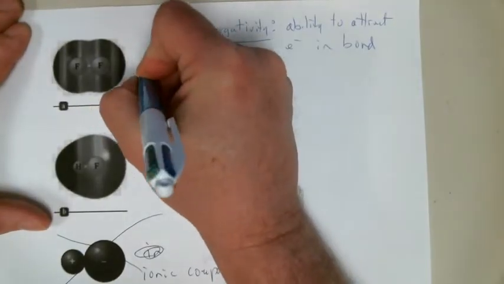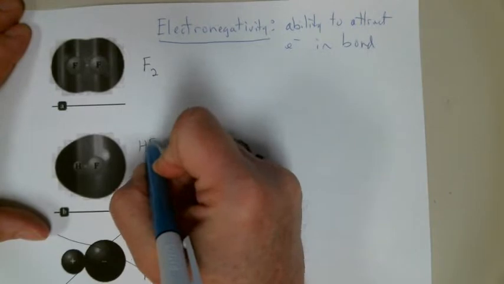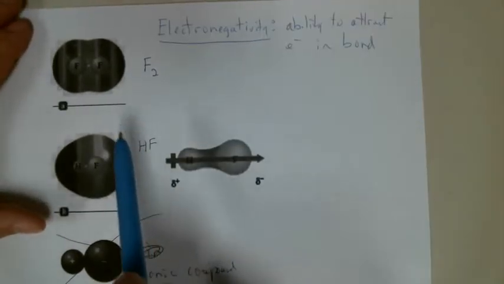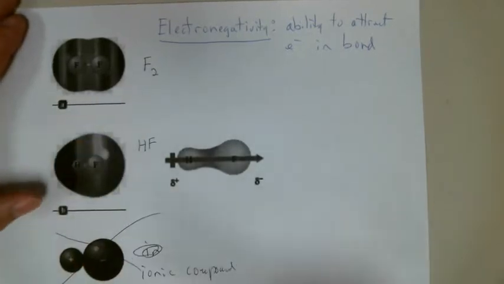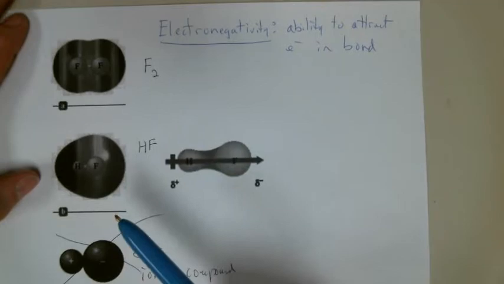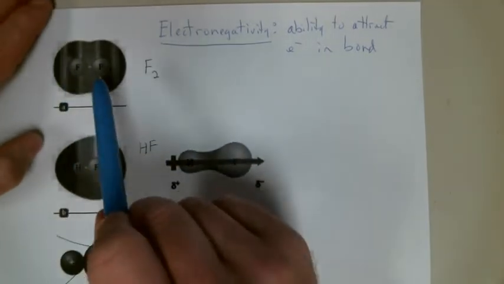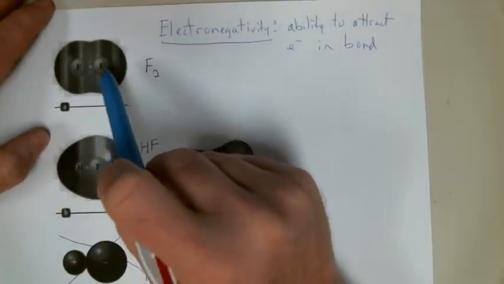And I know we can't see it there, so I'll write in F2 and HF, okay? And it's supposed to be showing the molecular orbitals that are formed when you form this molecule. And that's why I wish I could show you on the Orbitron. But they have really good pictures in the book, and you can see them a little here, but much better.